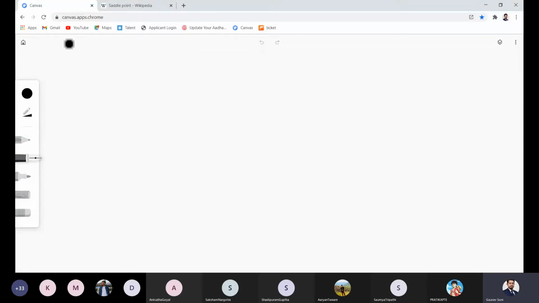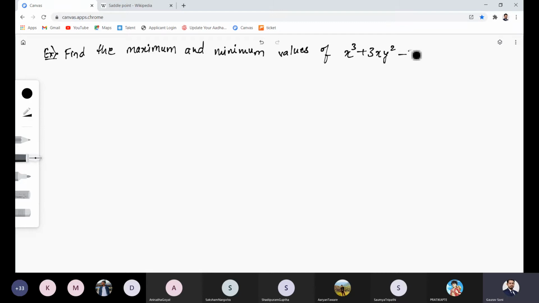Fine. Example number 1. Find the maximum and minimum value of x cube plus 3x y square minus 3x square minus 3y square plus 4.